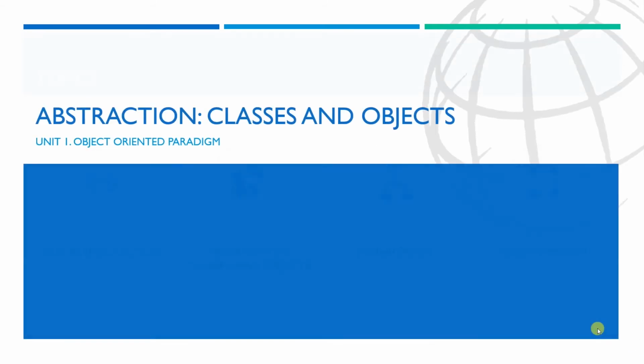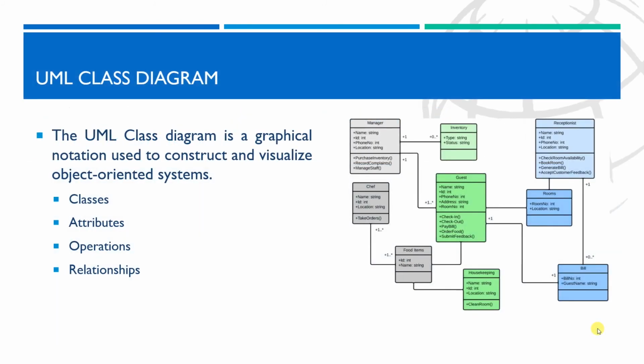We start with the first topic, the abstraction about classes and objects, and we are using the UML class diagram. The UML class diagram is a graphical notation used to construct and visualize object-oriented systems.